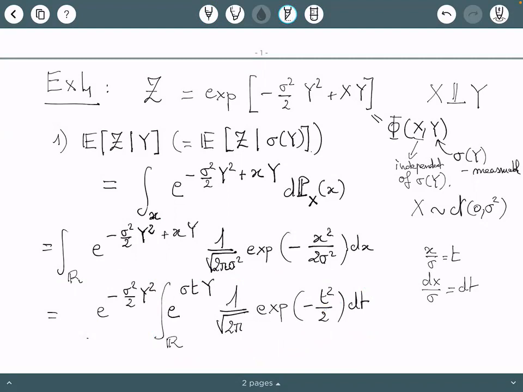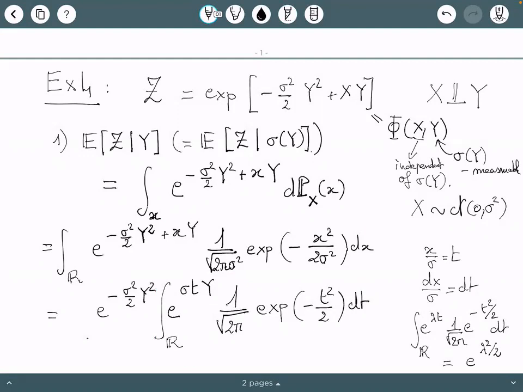So we know that the expectation of exponential of lambda t, that is, the integral over R of exponential of lambda t times 1 over square root of 2 pi times exponential of minus t squared divided by 2 dt, is well known to be equal to exponential of lambda squared divided by 2.